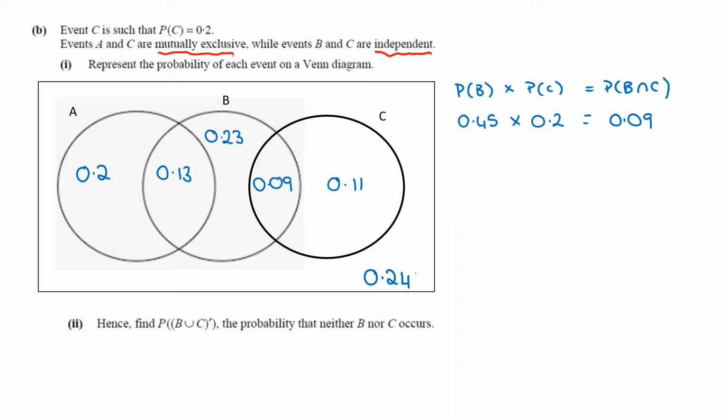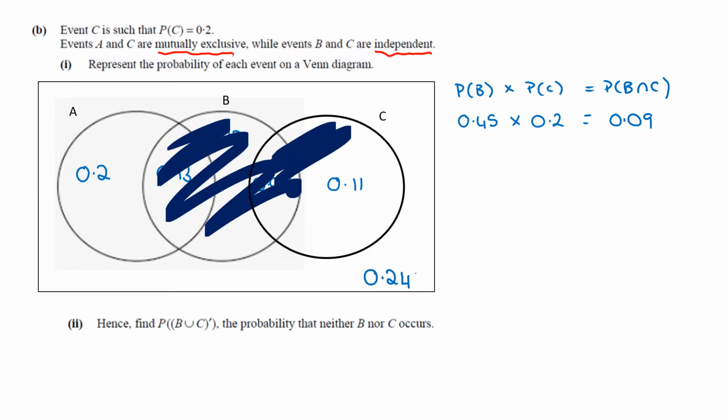So the next thing is, hence, using this Venn diagram, find the probability of B union C complement. So the probability that B and C do not occur. So that is everything that is not B or C. I'm going to use some highlighter here. So I'm not talking about B and I'm not talking about C. I don't want B and I don't want C. So that only leaves us with 0.2 and 0.24.